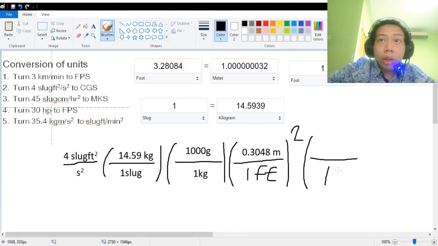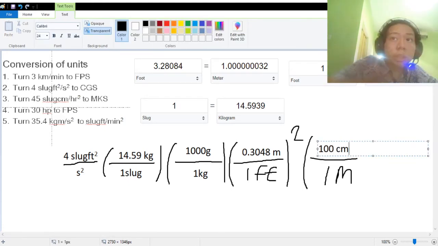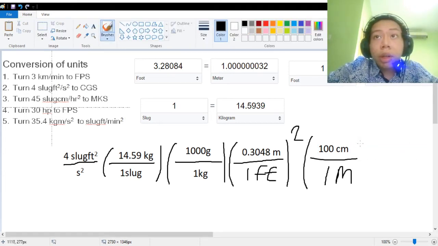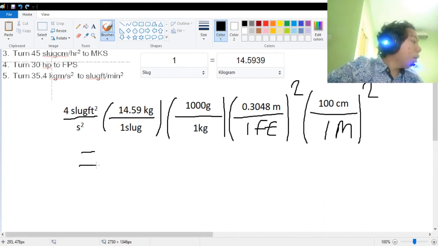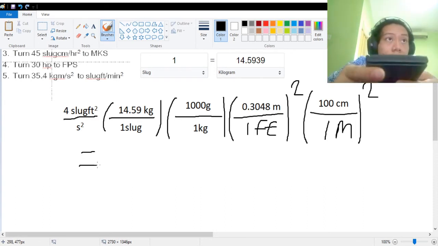So below it is 1 meter, then 1 meter is 100 centimeters. Okay, and squared because it is meter squared, and this should be squared also. I think that should be it, and last thing to do is to calculate it. Okay, I will get my calculator.